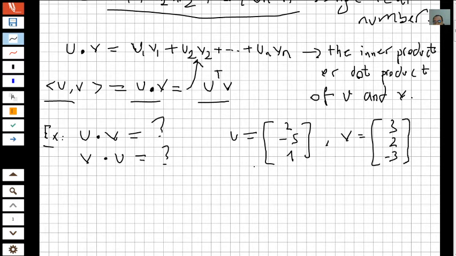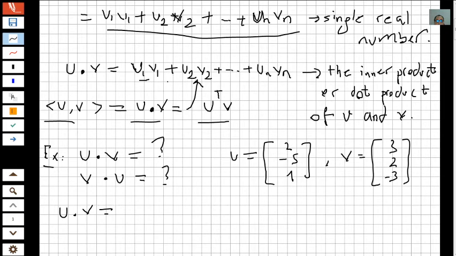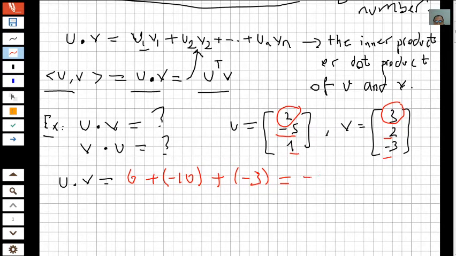So u dot v is equal to, because of the definition, we will multiply the corresponding entries, u1 v1, namely 2 times 3. 2 times 3 becomes 6, plus minus 5 times 2, so we have minus 10, plus 1 times minus 3, so we have minus 3, and the addition of them will be minus 7.